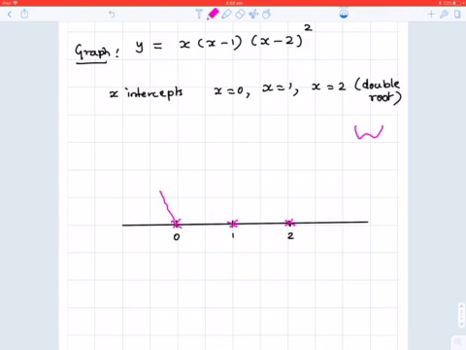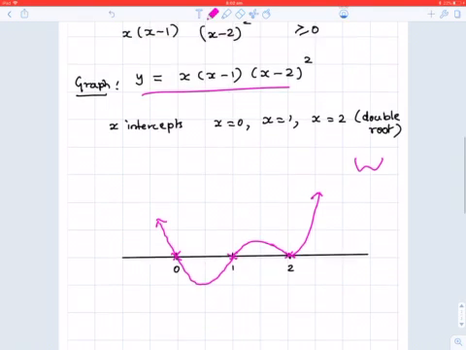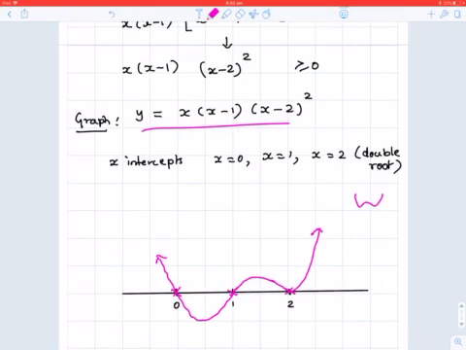Because it's a fourth degree equation and the coefficient of x power 4 is positive, the graph goes like that, both ends facing the top. I'm just doing a rough graph. Here it won't go down because it's a double root, it bounces back. So the graph would be something like this.